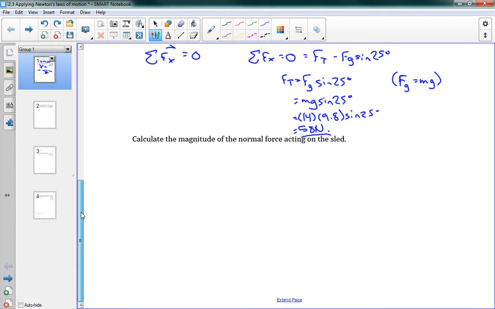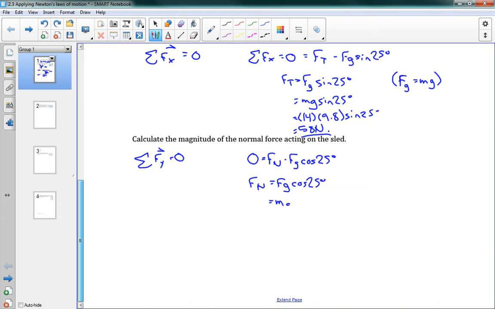Well, that's great. That's our y direction. So the net force in the y is equal to 0. So I can say 0 is equal to normal force acting upwards minus Fg cosine 25 acting downwards. This means that Fn is equal to Fg cosine 25 degrees.